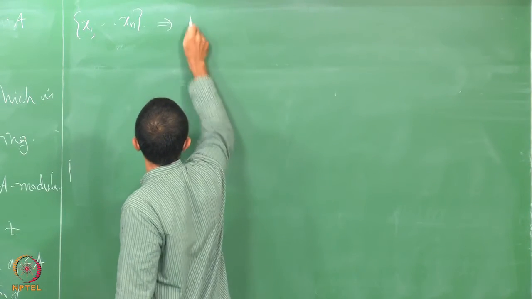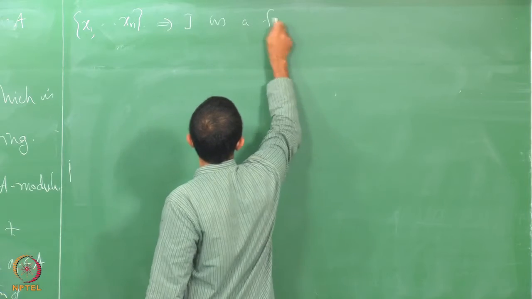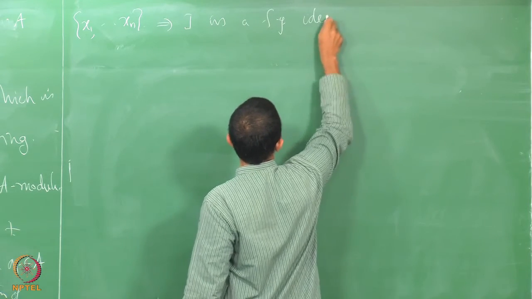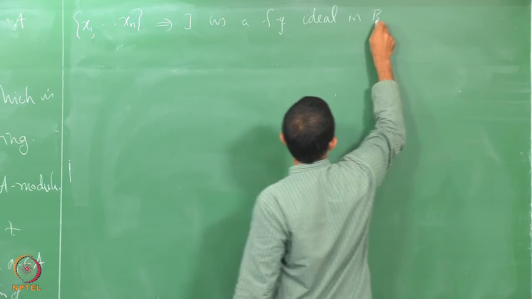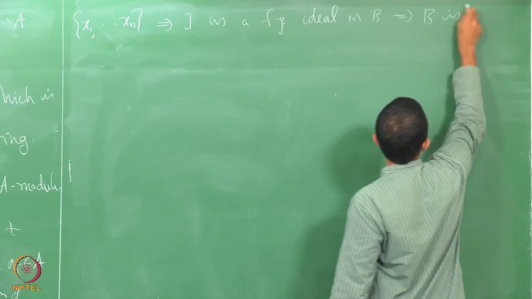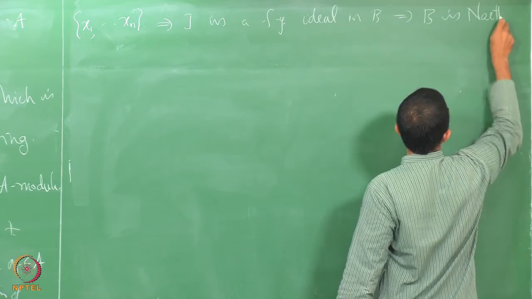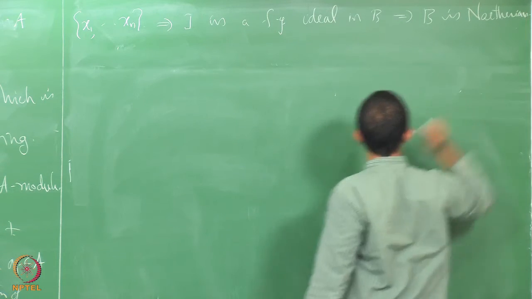Which means I is a finitely generated ideal in B, implies B is Noetherian. Okay.